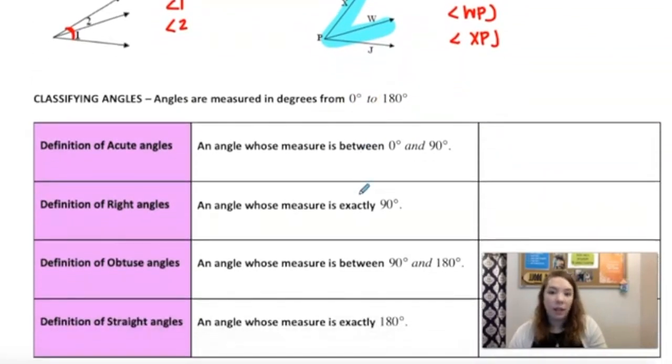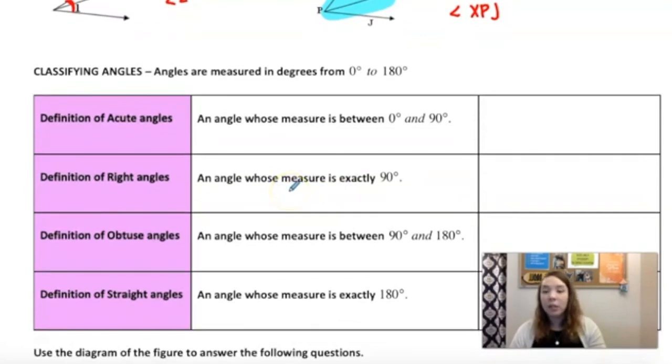All right, classifying angles. Angles are measured in degrees from 0 degrees up to 180 degrees. Acute angles are any angles that are between 0 and 90. Okay, so there are little acute angles. Right angles are exactly 90 degrees, and a lot of times they have this box in the corner to show you that they're 90 degrees.